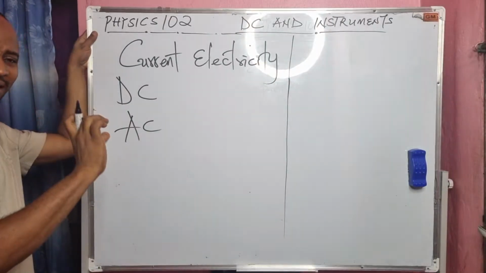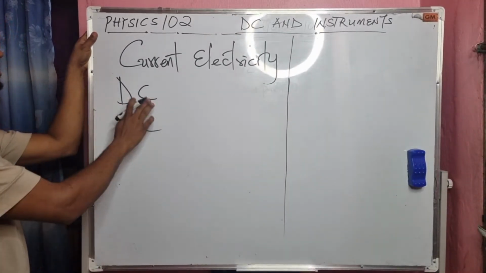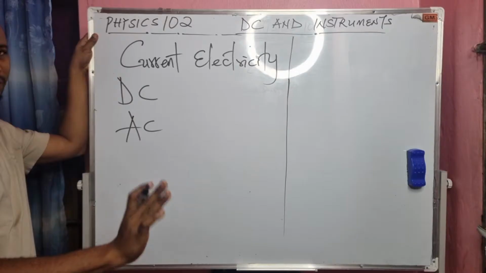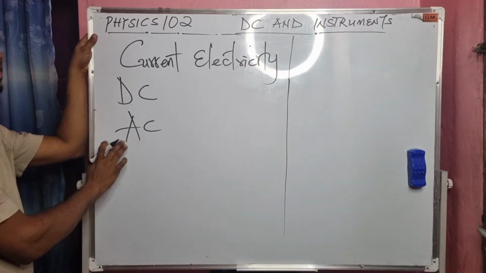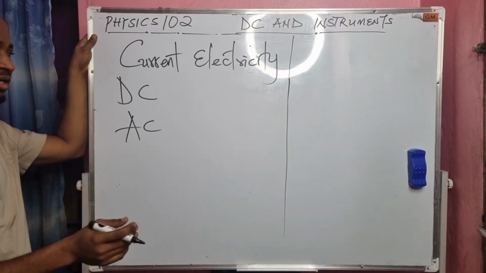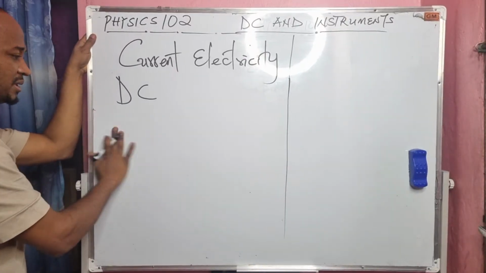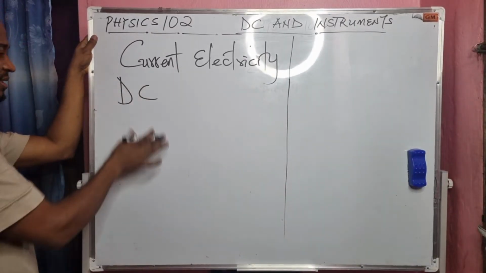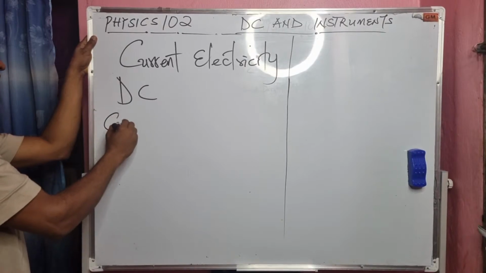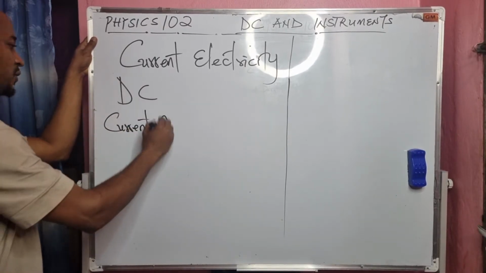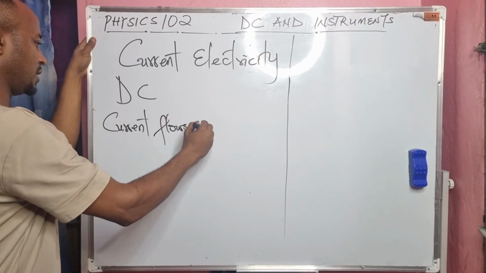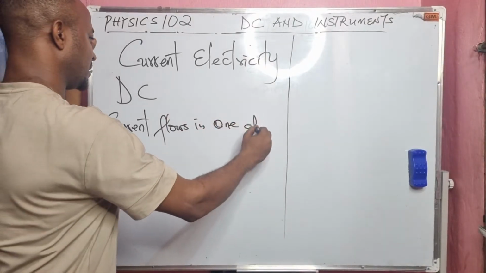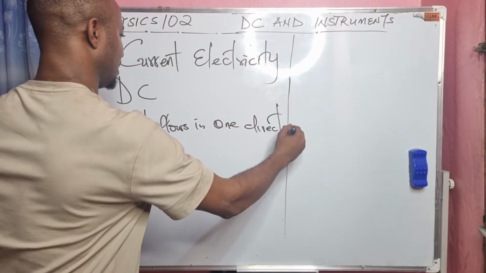From the word direct, it simply means this is a current that flows in one direction. AC simply means current that flows in different directions. My emphasis will be on direct current. So when you hear the word DC, it simply means current that flows in one direction.